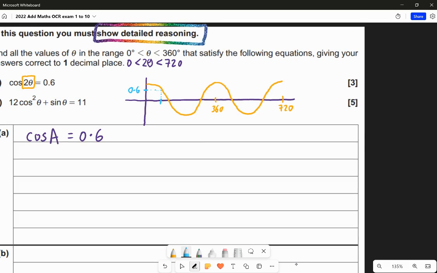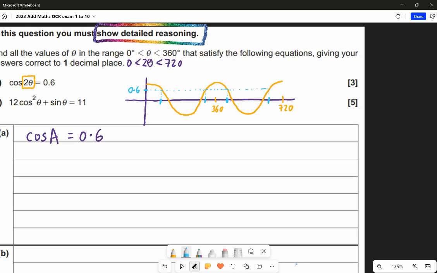Here's one, and my calculator will help me get that. Here's another, which is nicely symmetrical, and I can find that using the symmetrical properties of the graph. Again, that one, 3, and here's the 4th answer. So those are 4 different values that I'm going to get by using my calculator to help me solve.